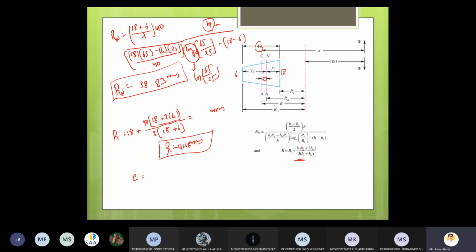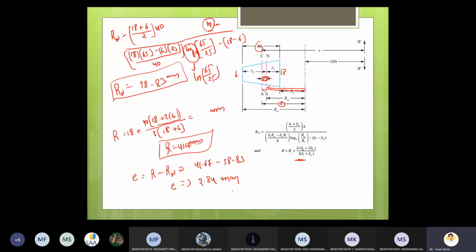If we take the R value and subtract the length Rn, we get this distance, that is R minus Rn. So R value how much did we get? 41.67 minus 38.83. Now how much is this? 2.84 mm. That is the eccentricity.